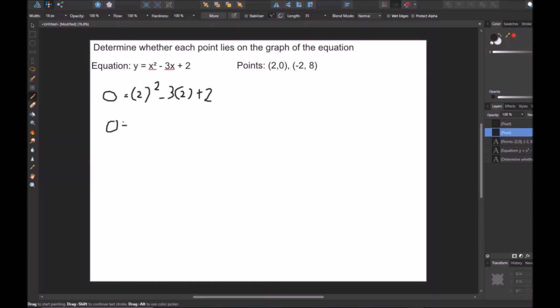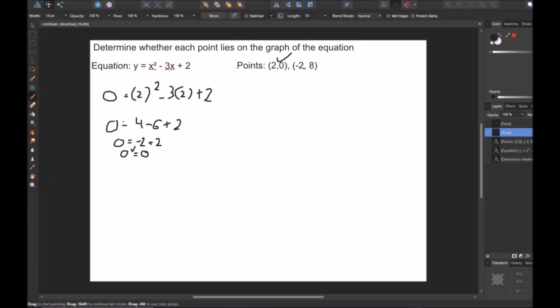Now, 2 squared is 4, and negative 3 times 2 is negative 6, and that's going to be plus 2, and then 4 minus 6 is negative 2, so we're left with negative 2 plus 2, which is 0. So we can say that 0 equals 0, and this point (2, 0) does lie on the graph.